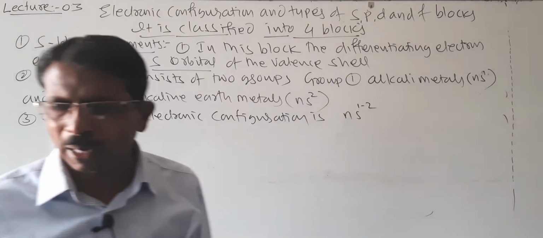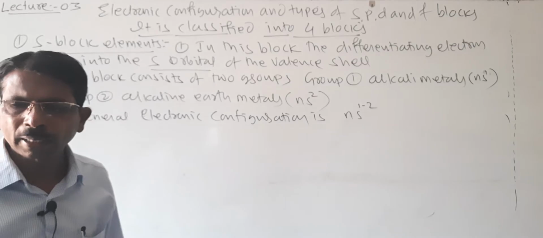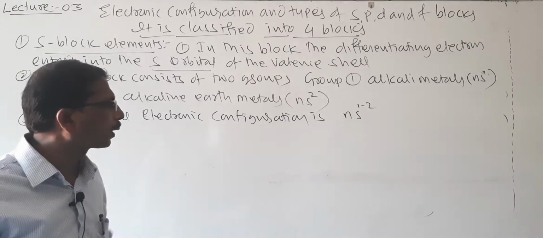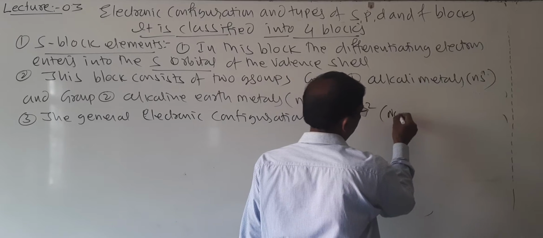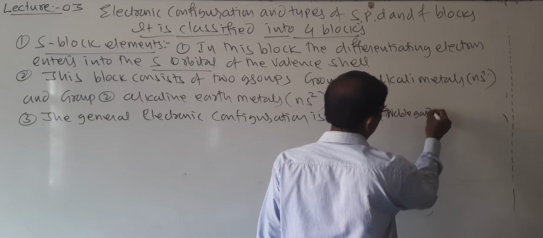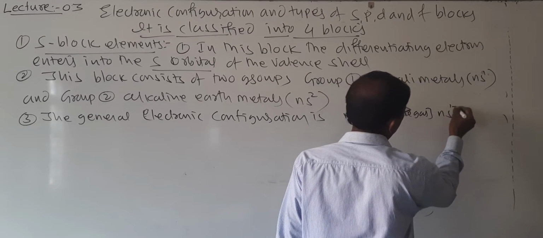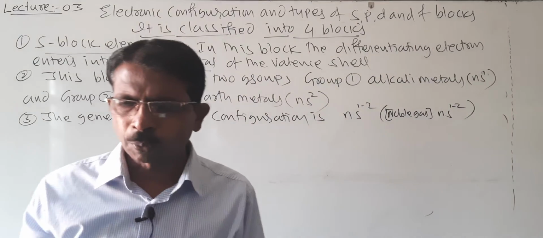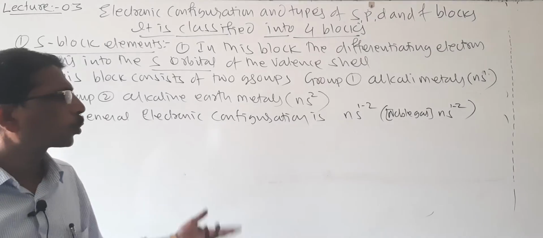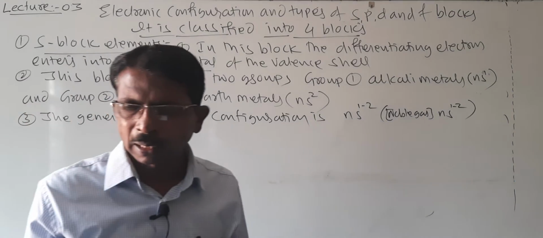This much is enough, or you may write the general electronic configuration. So for S block you may write noble gas Ns raised to 1 to 2. Ns1 for alkali metal and Ns2 for alkaline earth metal.